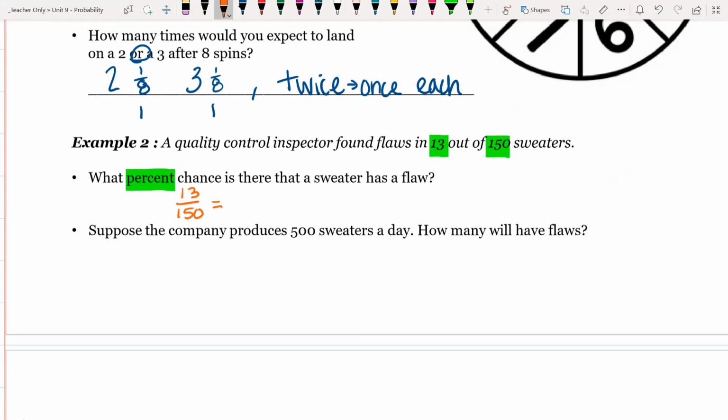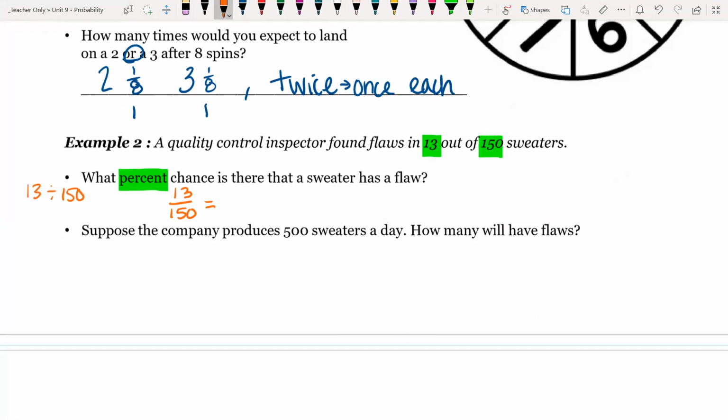In your calculator, do 13 divided by 150. What does that give me as a decimal? Round to the 10th place. That gives me 0.09. And remember, to move that to a percent, I just move it twice, and it's a 9% chance.